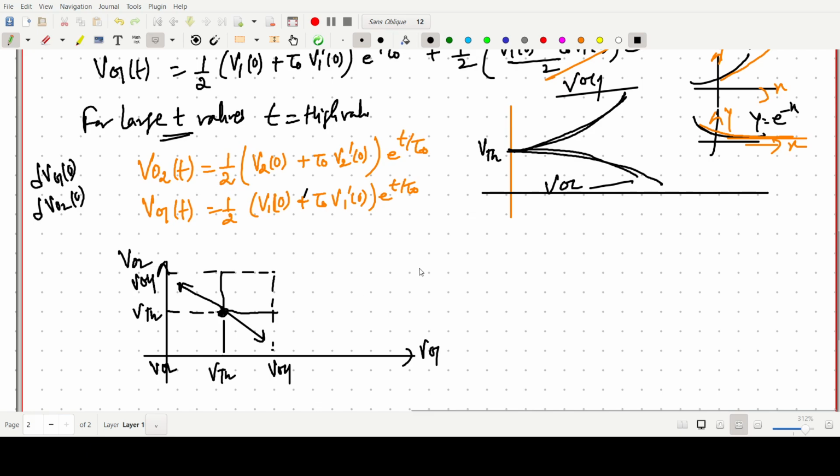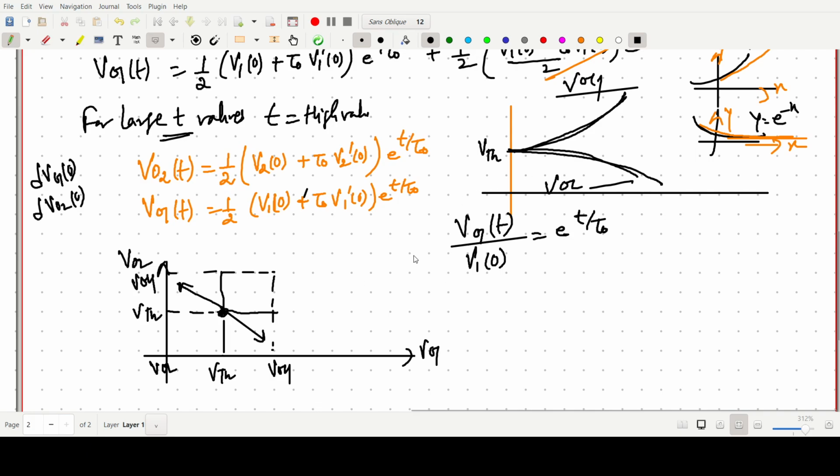And if we find the gain, the gain V naught 1 at time t by V1 at time 0 is simply approximately equal to e to the power t by t naught.